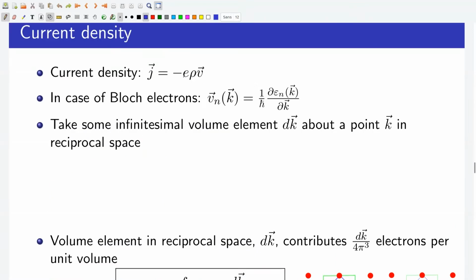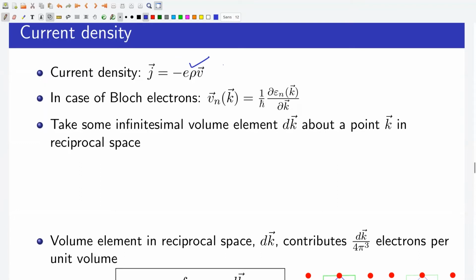Let us derive the expression for the current density of Bloch electrons. We start with the regular expression of current density given by J equals minus e times rho times v. Minus e is the charge of the electron, which is a fundamental constant. Rho is the carrier density and v is the velocity.